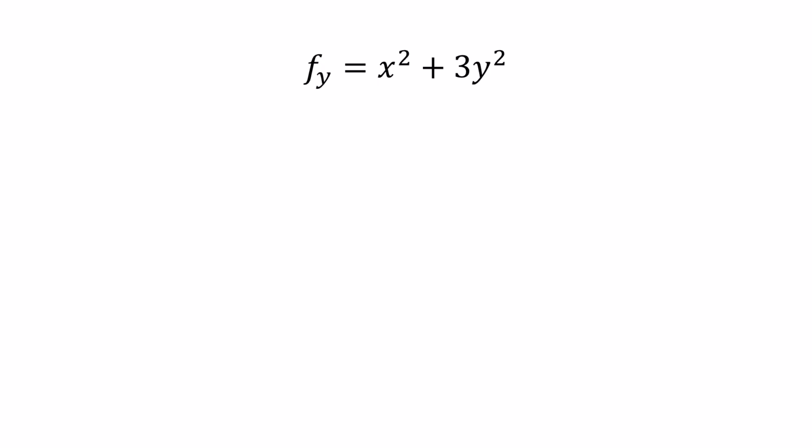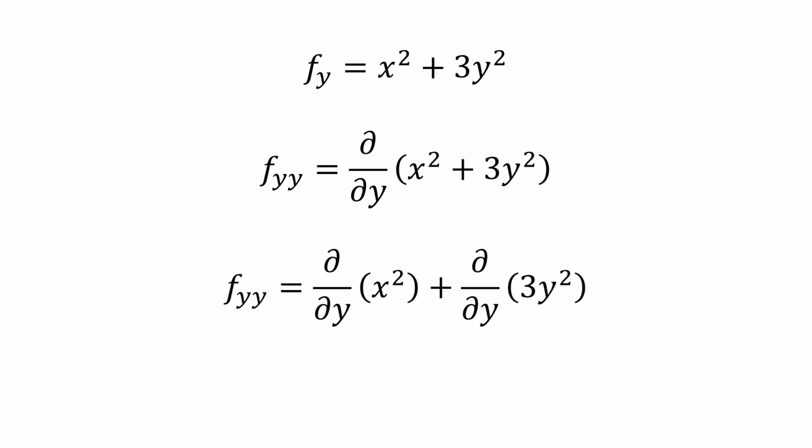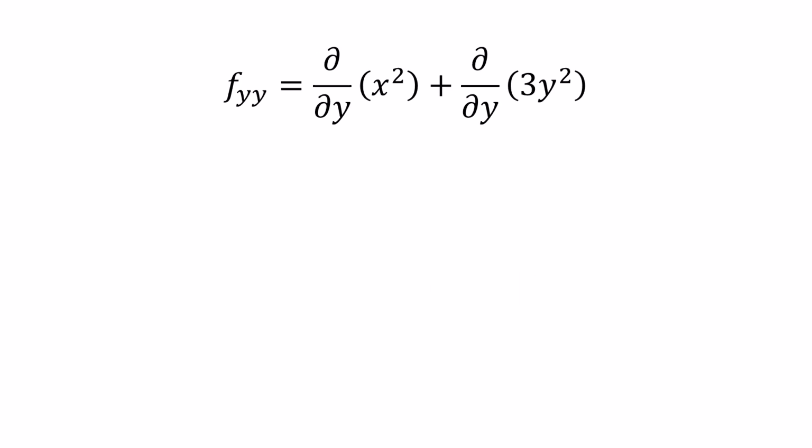Next, we take the partial derivative with respect to y. Applying the sum rule, we obtain f sub yy equals d by dy of x squared plus d by dy of 3y squared.